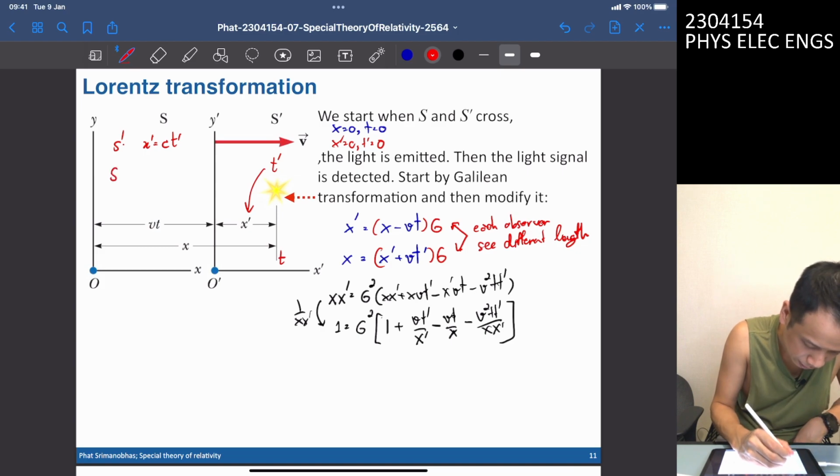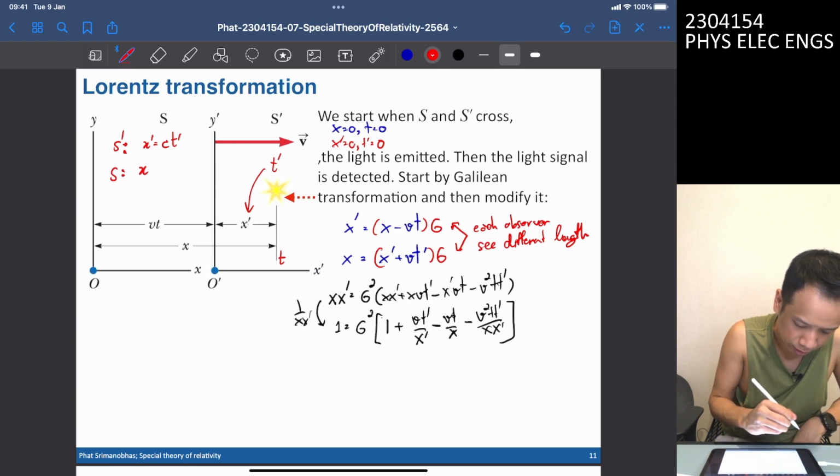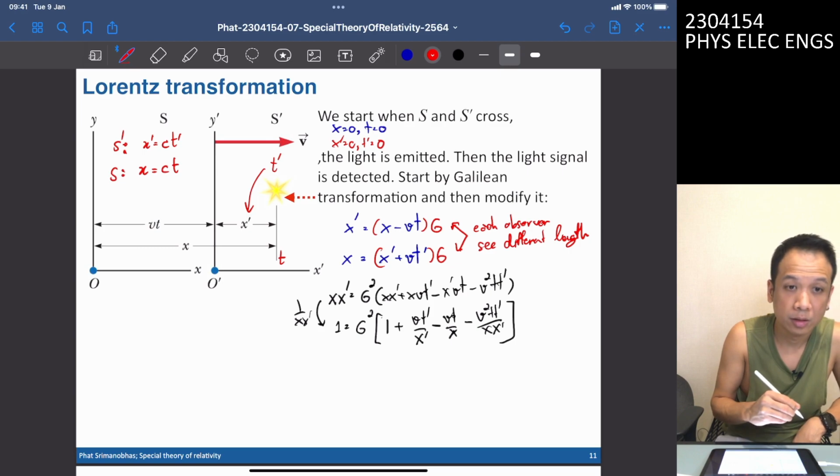For the S frame, the light travels the length x equal to c t.